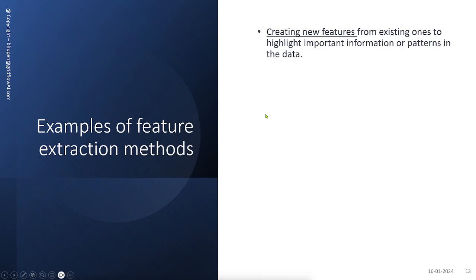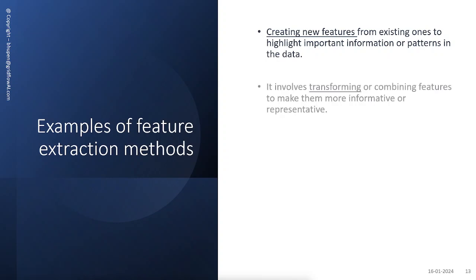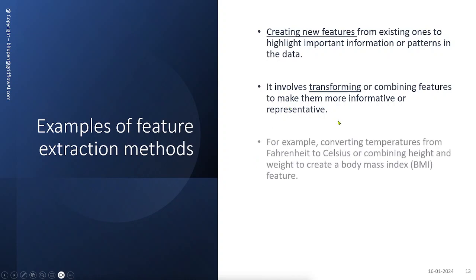Extraction methods, as I mentioned earlier, are methods which do not deal with specific individual columns. Rather, here we are looking at the complete data set and finding an alternate representation. Sometimes we also transform the columns in order to get a better representation of the data.